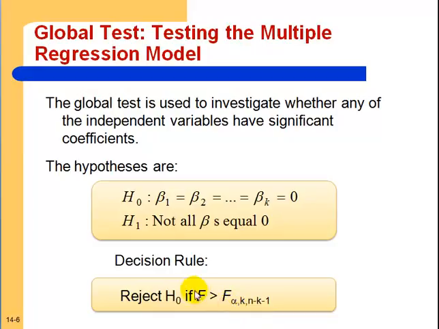This F value we can get from our Excel summary output. Reject H0 if F is greater than F alpha, k, n minus k minus 1. First, this F value is the test statistic. How do we find that number? It is in here.